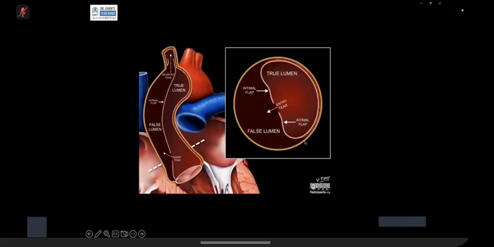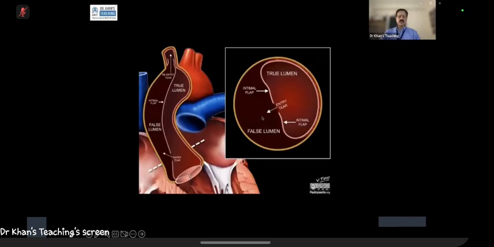So this is a sum up of everything, where this is the entry tear, this is the intimal flap. You must see the flap, radiologically speaking, to call it a dissection. This is the false lumen. Key point in the exam. I'm not showing you a dissection case, I think I've shown you dissection cases in the past.